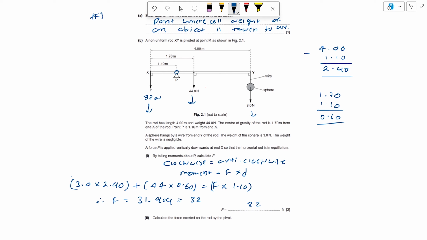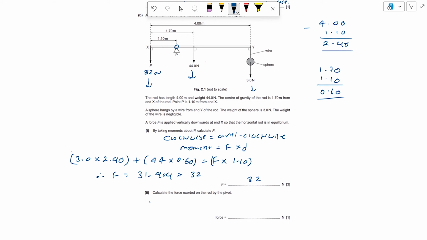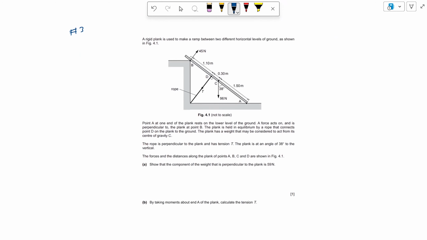And that's going to be your answer for the second part. Force is going to be the sum of all of these weights. So 32 plus 44 plus 3 is equal to 79 newtons.